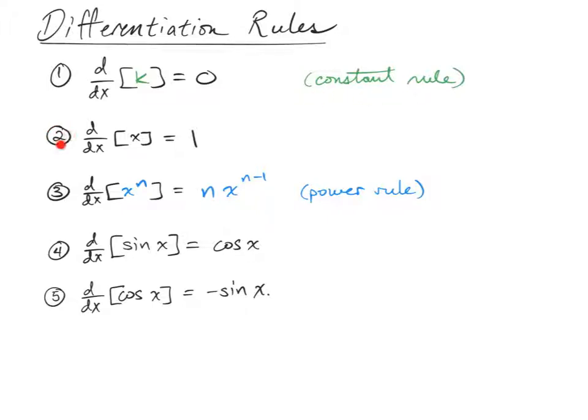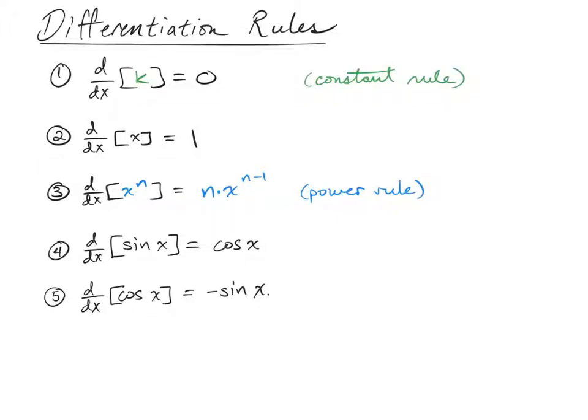The second derivative is the derivative with respect to x of x is 1. The third derivative here, the derivative with respect to x of x to the n power is n times x to the n minus 1 power. And I want to put in here, there's a multiplication there. And we call this the power rule for differentiation.